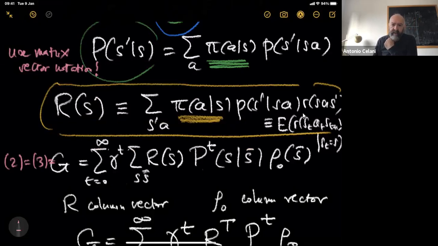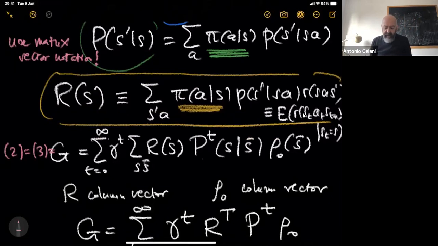Where P with upper index T is the product of the P matrix T times. So now that we have it in this form, it's easy to see that this sum below here is just the sum over the entries of vectors and matrices.